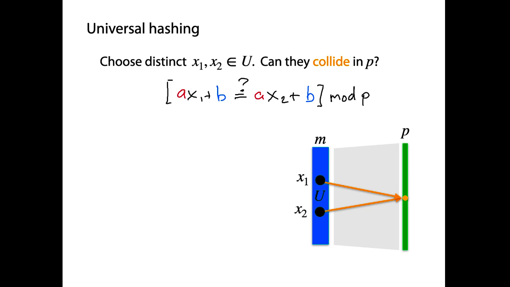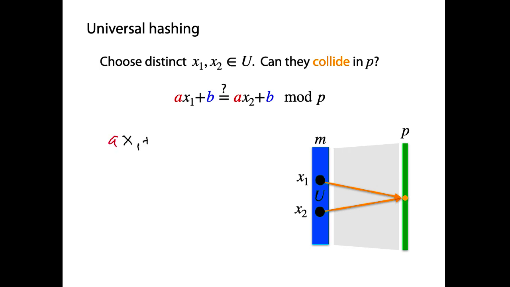Okay, so let's think about whether this can be true. Let's write it out again. Let's set them equal to each other. Let's hypothesize that it's possible. And this is all mod p. Now let me subtract b from both sides.